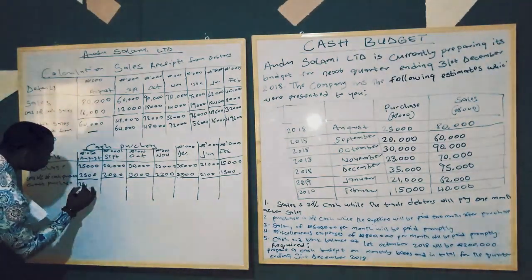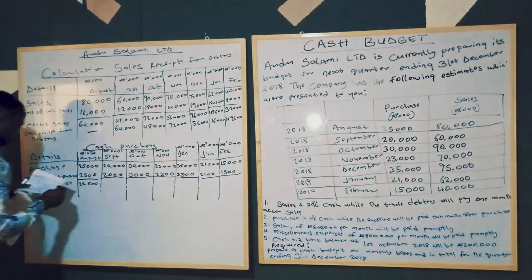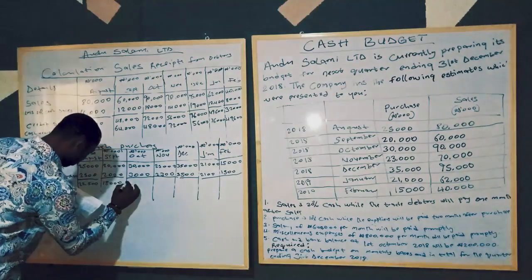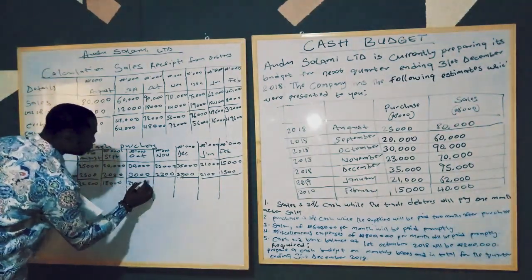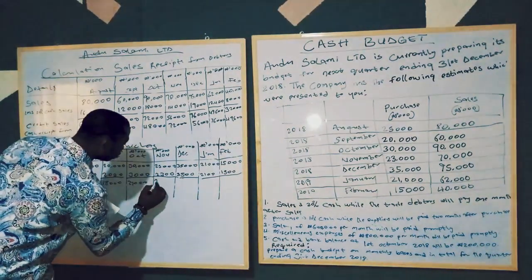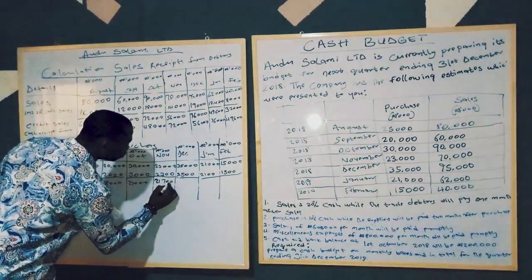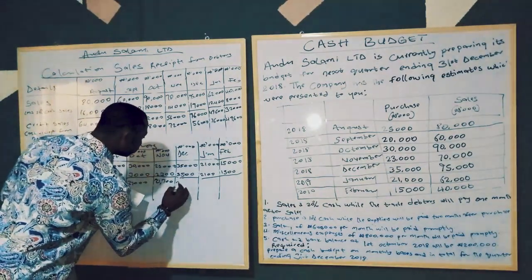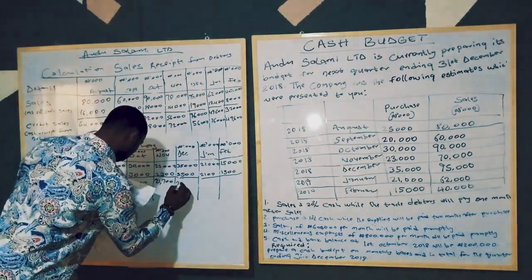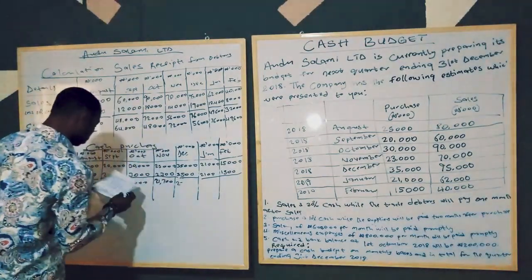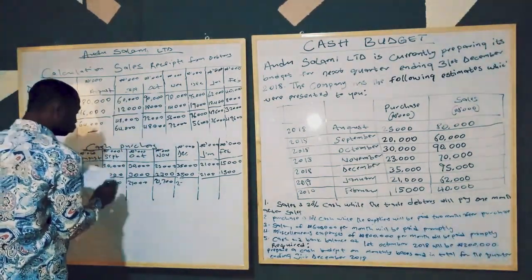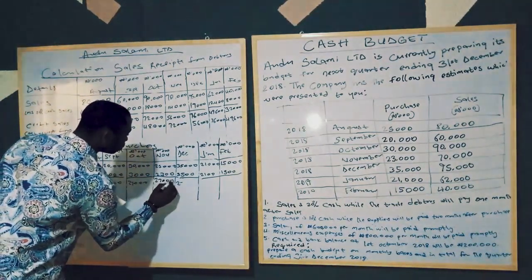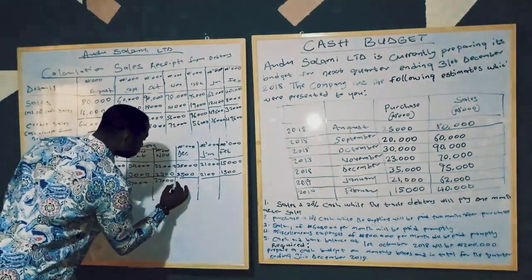We have 22,500, 18,000, 27,000, 21,700, and 31,500.